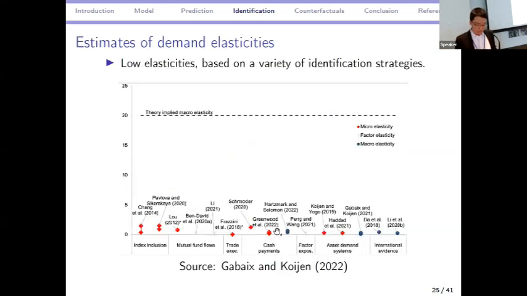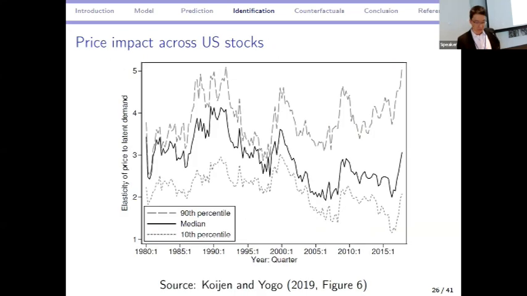Now, if you look at actual elasticity estimates in the literature, they're kind of uniformly low across different markets. And some of these are macro elasticities, some are micro elasticities, and they use different identification techniques. But the key point is that they're uniformly low, much lower than what you would get from a CAPM model.